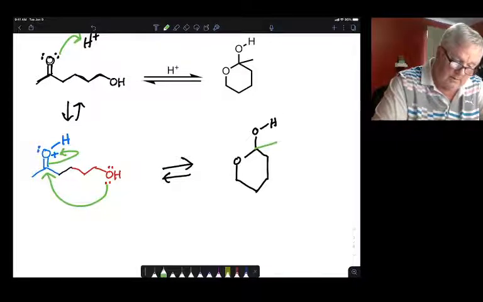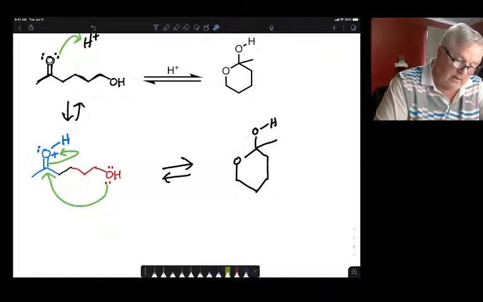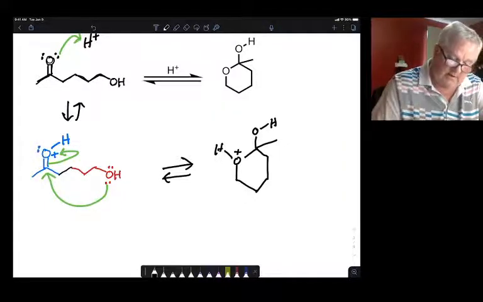Oops. I want to make it black, like everything else. Black, okay. This oxygen is right here. It still has a proton on it. Oops, we haven't been doing that. That oxygen is positively charged.